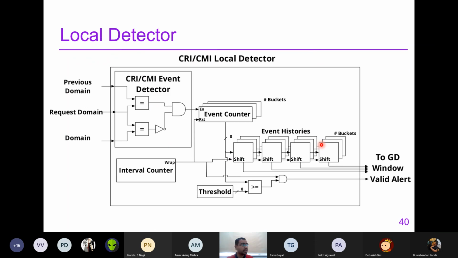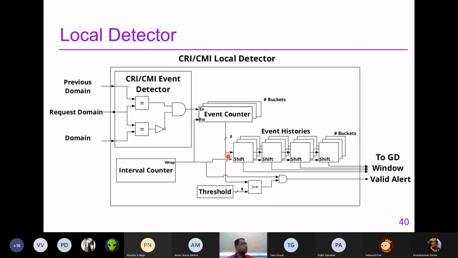This is the structure of the local detector. This particular structure is just trying to detect one event, and here we have an event counter which keeps incrementing as the number of events grows. Then we store this in a shift register, storing the history of how many events occurred in the past n cycles.